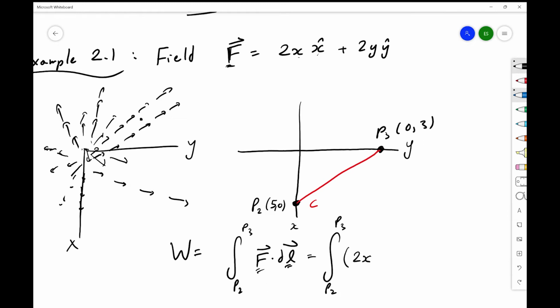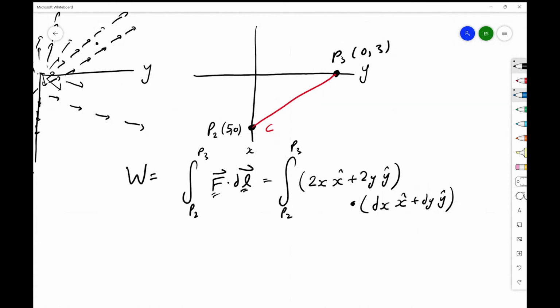And then we know how to describe each of those terms in terms of the Cartesian basis. This is already given to us, 2x x hat plus 2y y hat, dotted with the differential element in Cartesian coordinates, which is going to be dx x hat plus dy y hat. And we know how to do this dot product. We just do the distributive property.